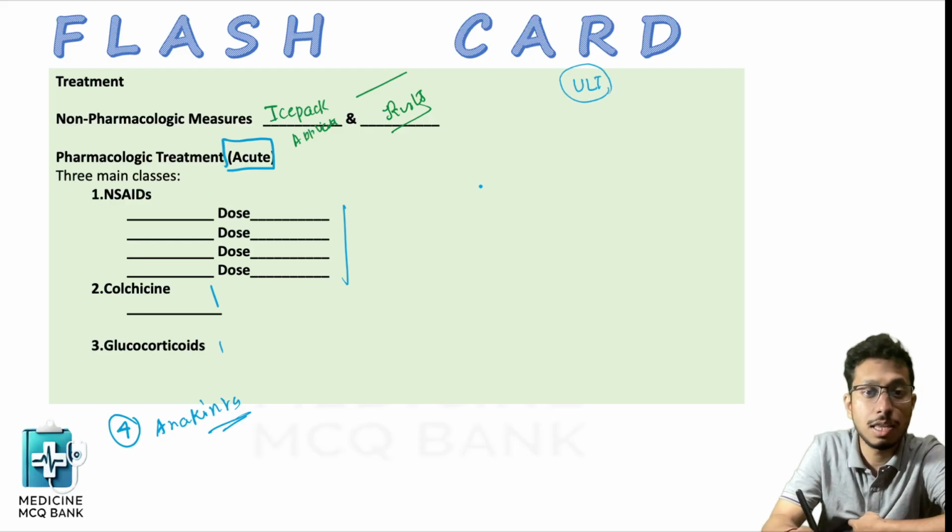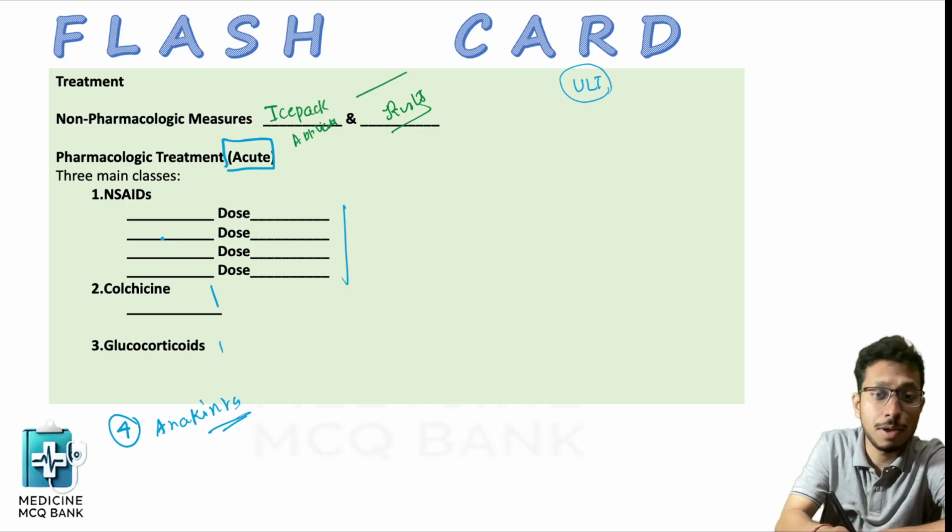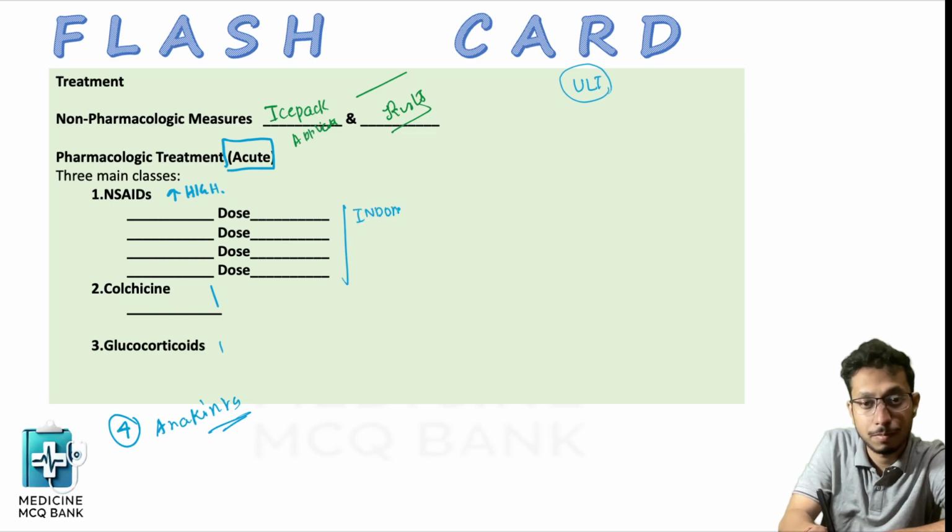Alright. So, what are the main classes of NSAIDs used? Remember, NSAIDs when used should be used in high doses or maximum possible doses. For example, for indomethacin, dose is around 50 milligram TDS, which is the maximum dose. For naproxen, it's 500 milligram twice a day.